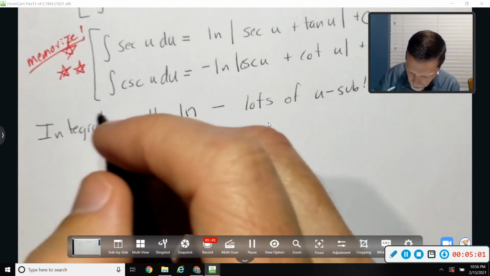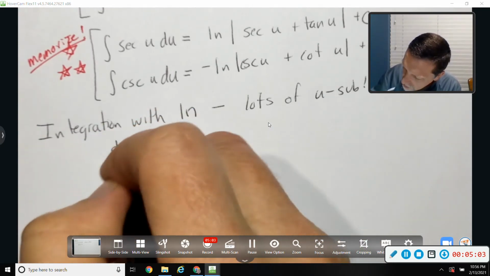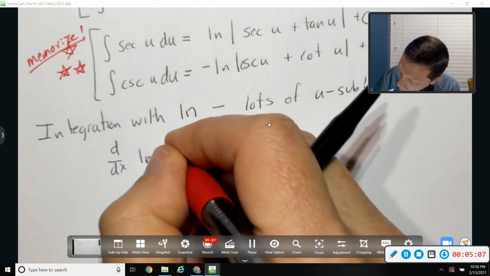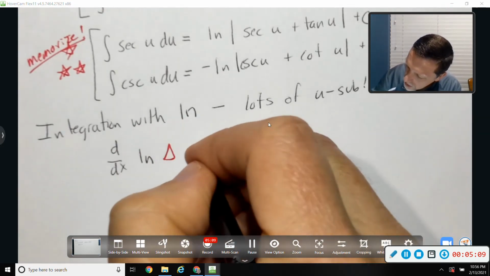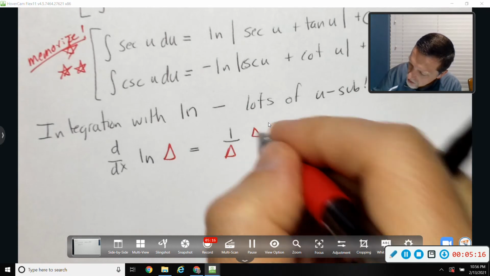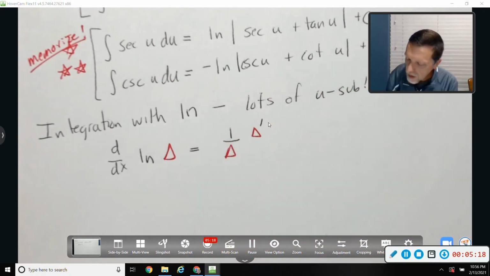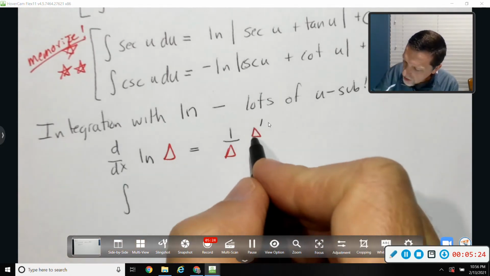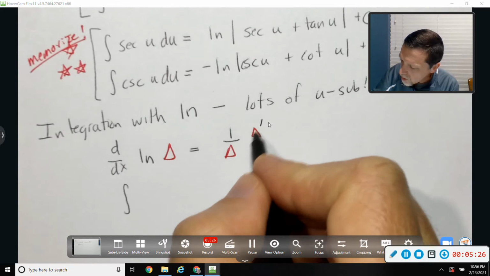Let me remind you that the derivative of natural log of, I don't have pink, so I'll go red triangle, is 1 over the red triangle times the derivative of the red triangle. So if I go backwards from that, the antiderivative of, we're going to use du and u.